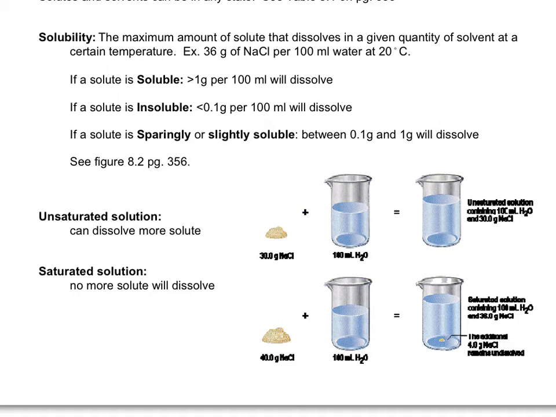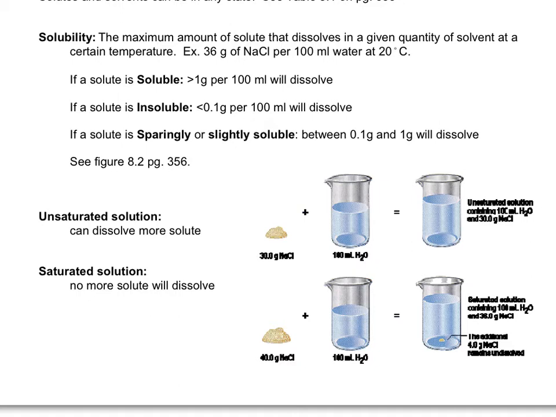If you're adding solute to a solution and you add less than the solubility of the compound, the solution is known as an unsaturated solution. All of the solute will dissolve into the solvent and there will be extra room left over. If more solute is added, it will dissolve as well.